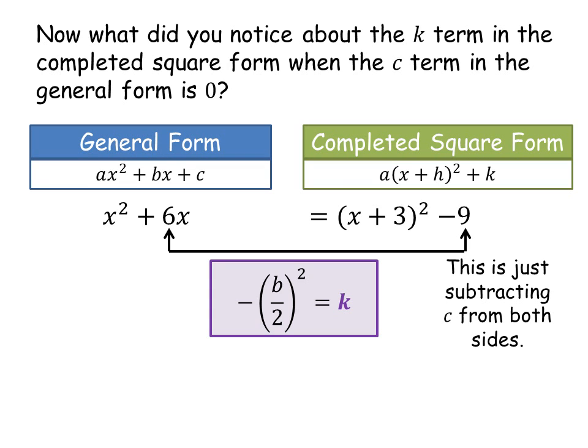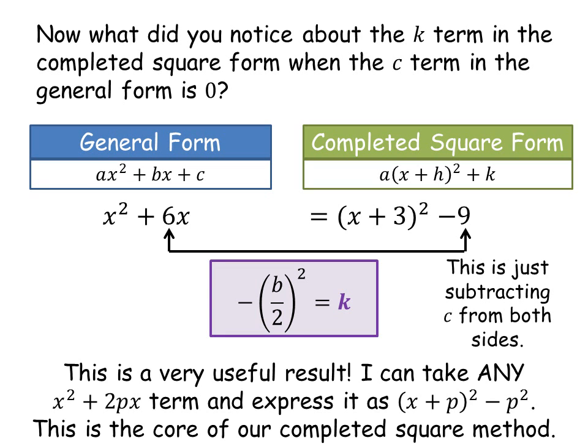And that's just subtracting c from both sides. Remember we said that c was equal to b over 2 all squared? This is a really very useful result. It's telling me that I can take any x squared plus 2px term and express it as x plus p all squared minus p squared. And this is the core of our completed square method.